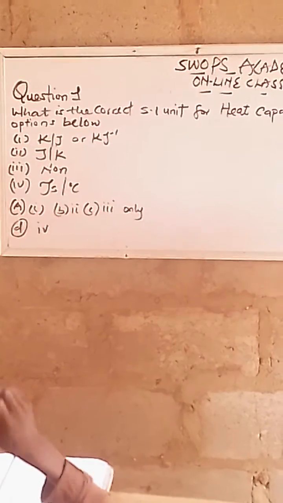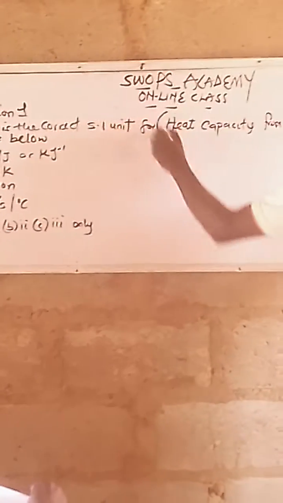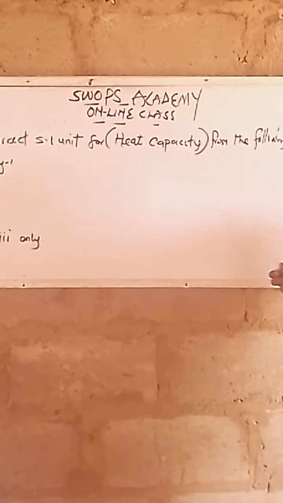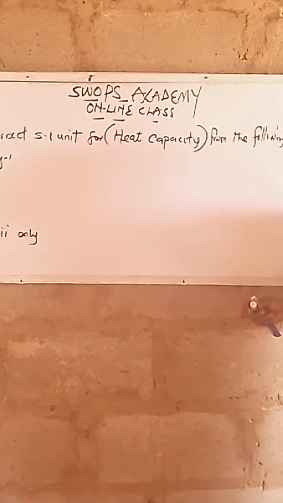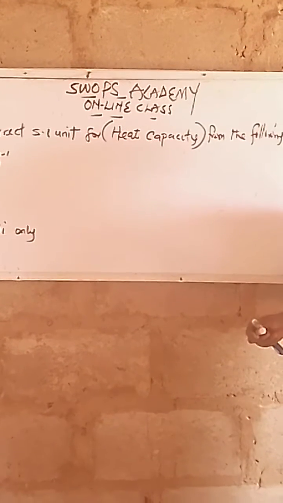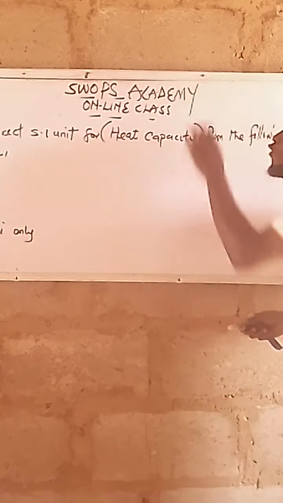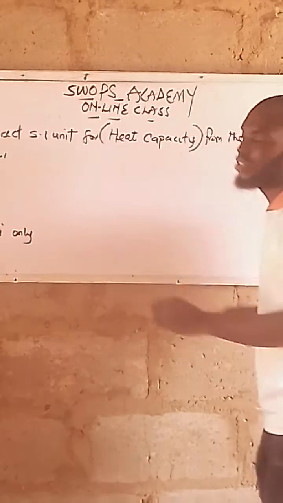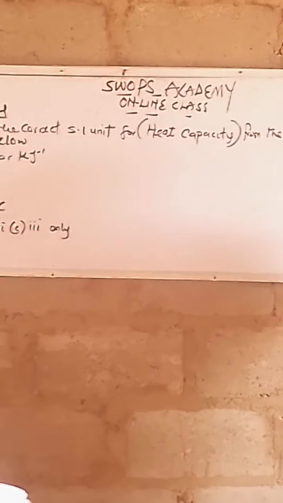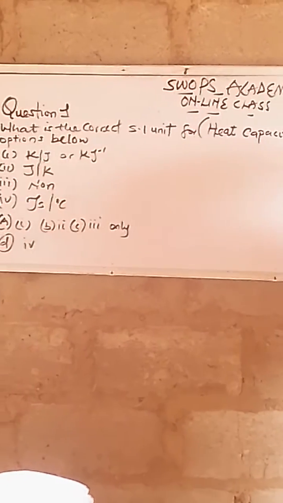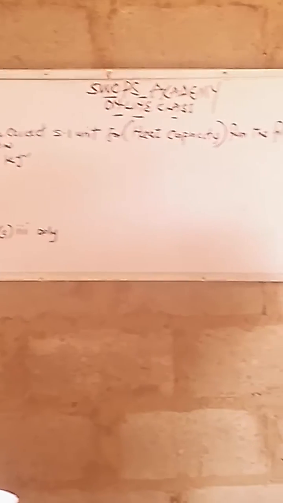Now, how do we do that? This topic, heat capacity, falls under heat energy and measurement in physics. There is a formula for heat capacity and specific heat capacity, and there is a difference between them.